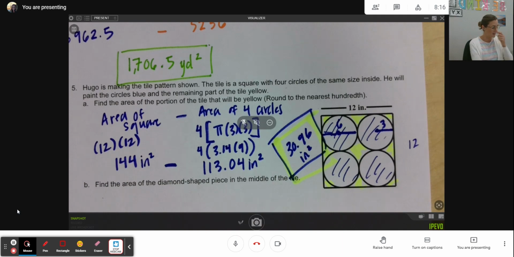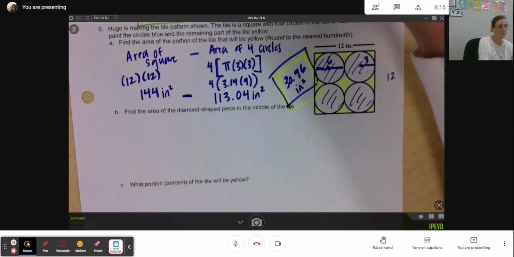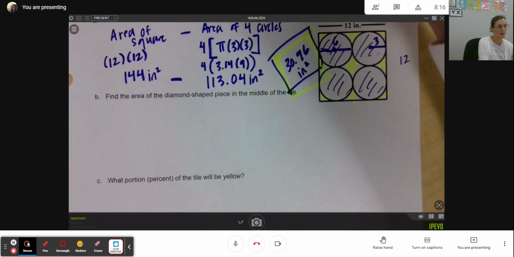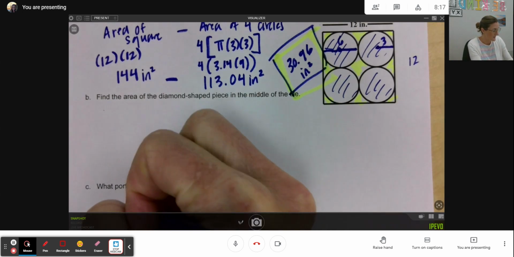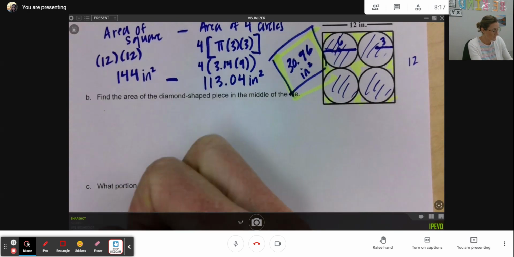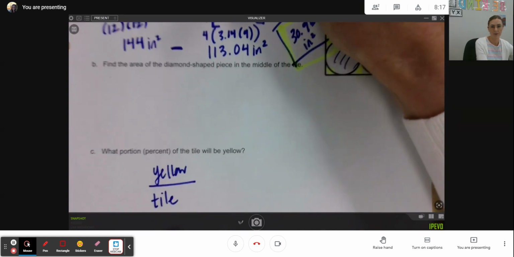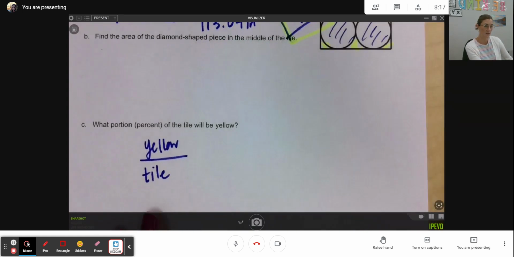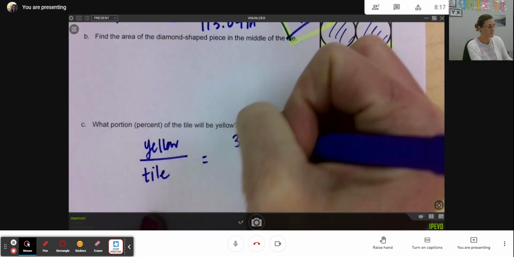We're going to skip part B, but we're going to go to part C. It says, what portion or percent of the tile will be yellow? So we need to find how much is yellow versus the whole entire tile. So this is the yellow portion over the whole tile. And we just found how much is yellow. We found that the part that's yellow is 30.96 inches.